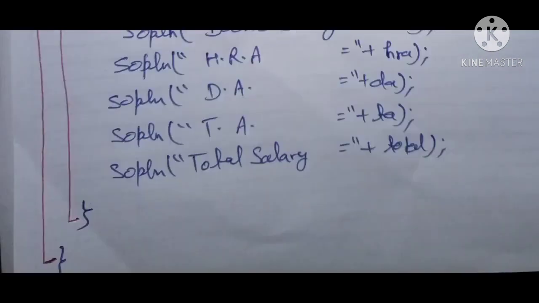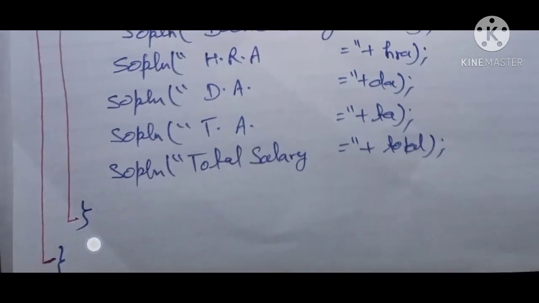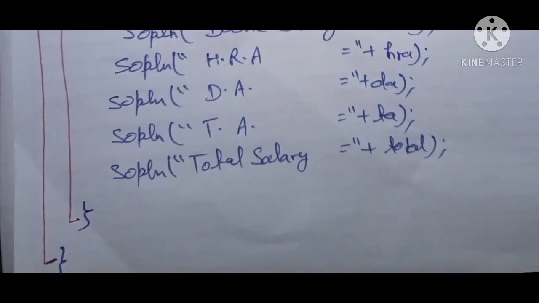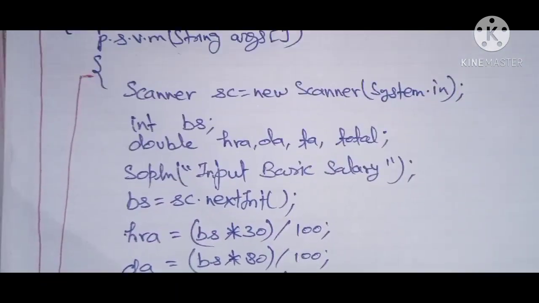And after printing all the values, this is main close and this is class close. Okay, this is the way by which we can calculate the total salary using basic salary including HRA, DA and TA.